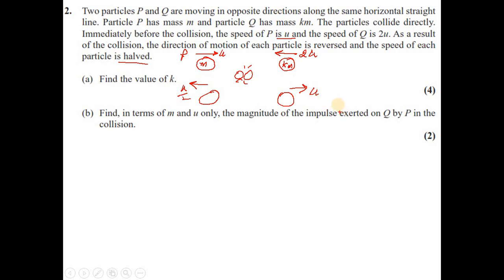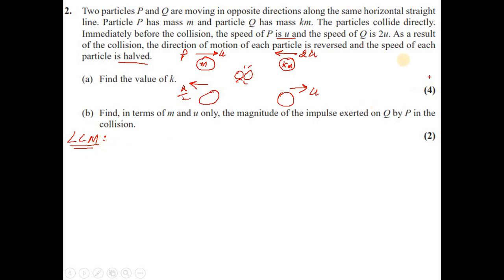Now, this is the law of conservation of momentum: total momentum before is equal to total momentum after. But whenever you apply it, you need to take care of the direction of motion, because momentum is a vector quantity.